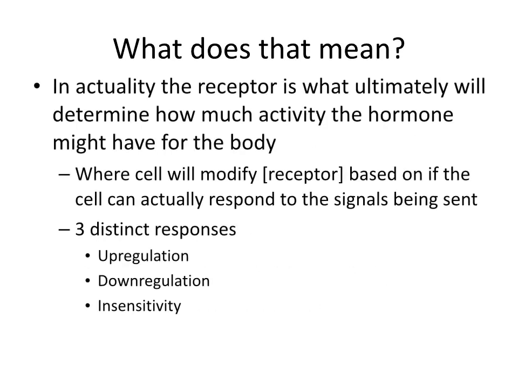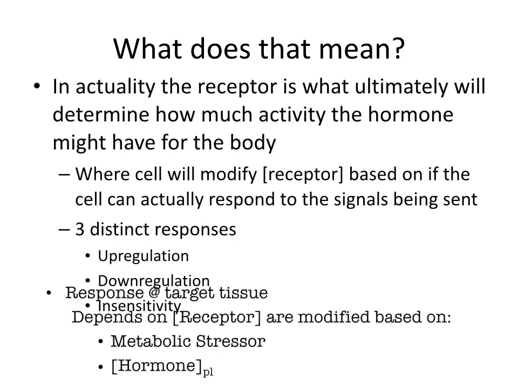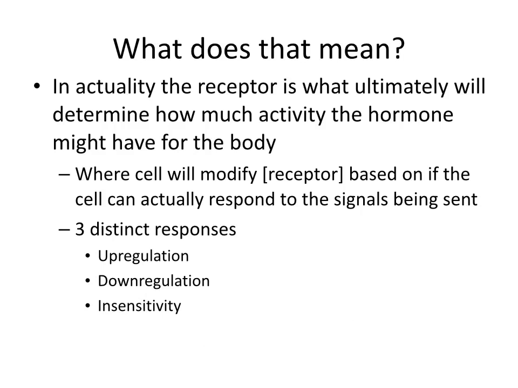What does that mean? In actuality, it's the receptor that will ultimately determine how much activity the hormone might have for the body. The response of the receptor at the target tissue is going to depend upon the concentration of the receptor, which is modified based on the metabolic stress, as well as the concentration of the hormone.